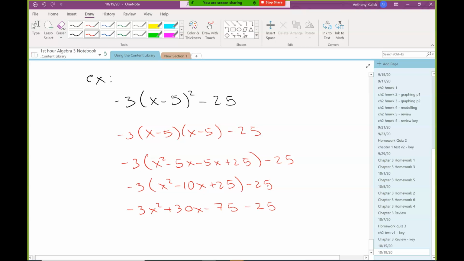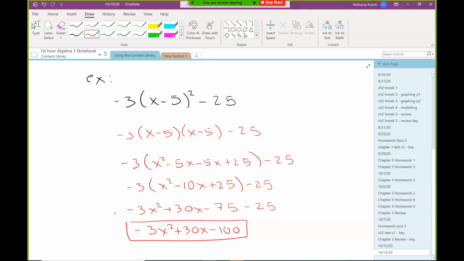And then I'll combine my negative 75 and negative 25 to get negative 100. So we feel okay here?